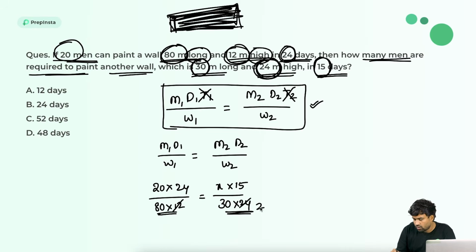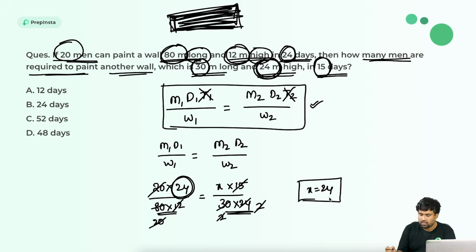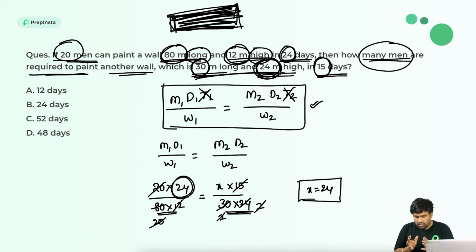12 will cancel this 2 times, 15 will cancel this 2 times, and 2 and 2 is nothing but 4. 4 will cancel this 20 times, 20 got cancelled. So we are left with 24. So x is equal to 24, which means the number of men required to complete the task in the desired time and to paint this desired area of the wall is 24.